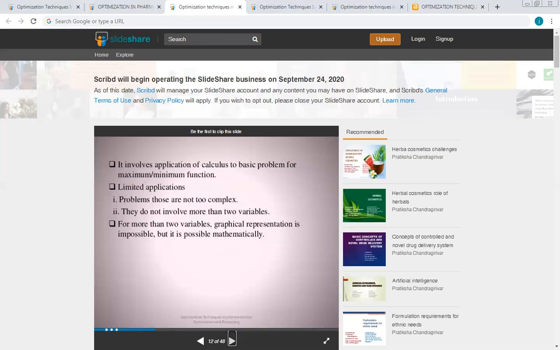It involves the application of calculus to basic problems for maximum and minimum functions, with limited application for problems that are not too complex and do not involve more than two variables. For more than two variables, graphical representation is impossible, but it is possible mathematically.